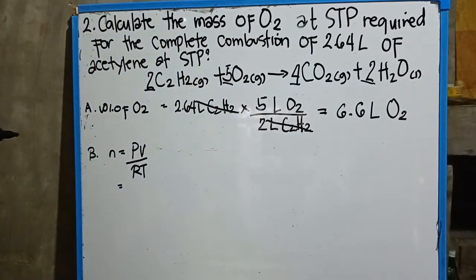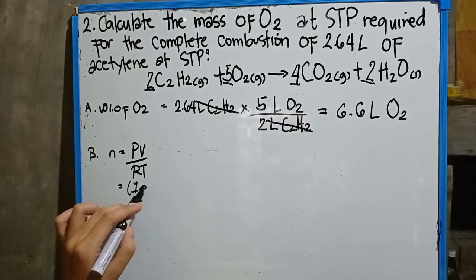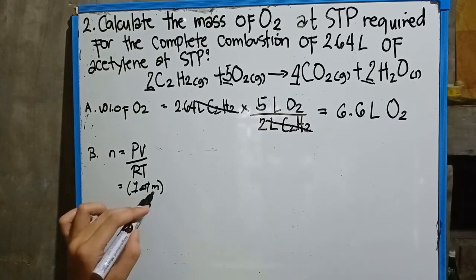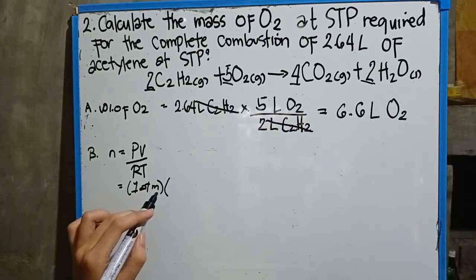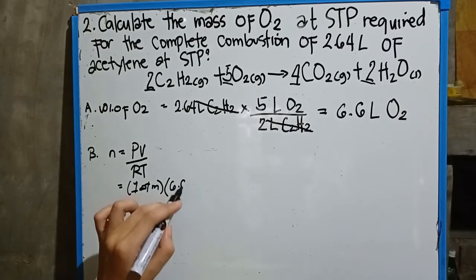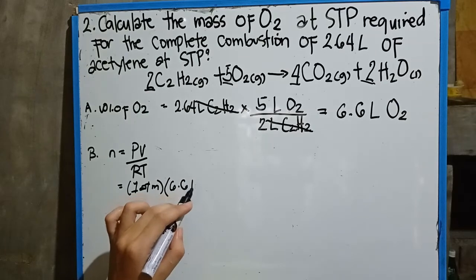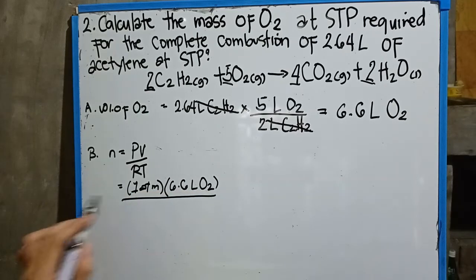Since STP ta, we use the standard pressure, which is 1 ATM. We use ATM para ma-cancel out. Our volume is 6.6 liter of O2.